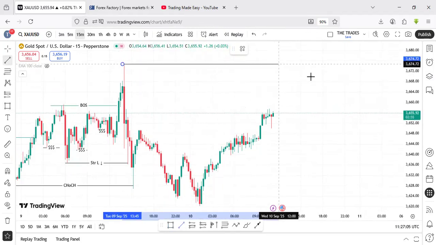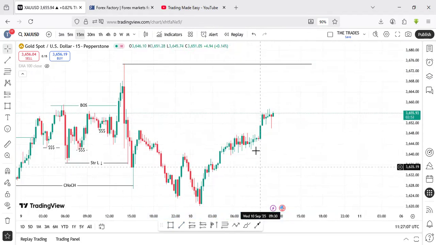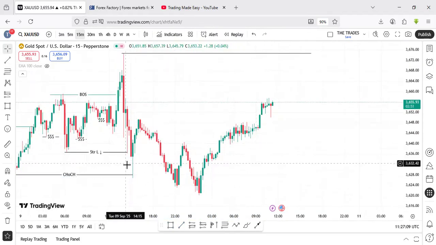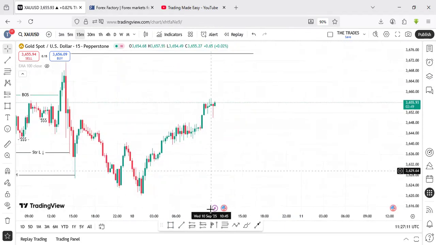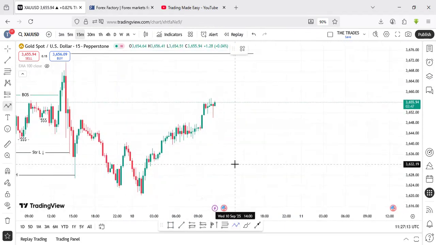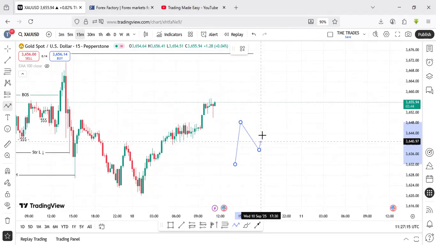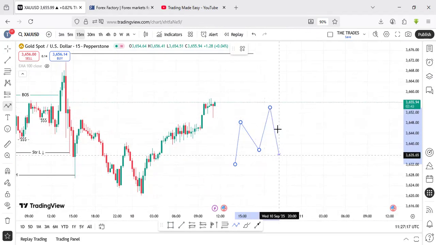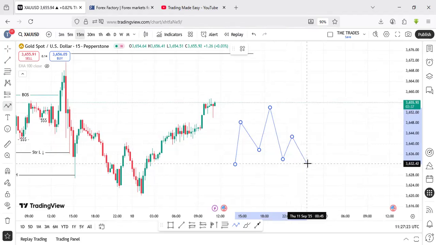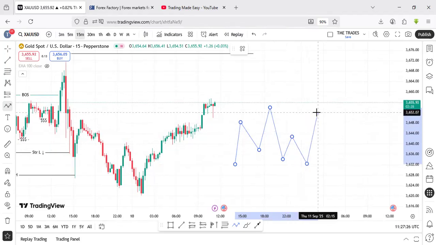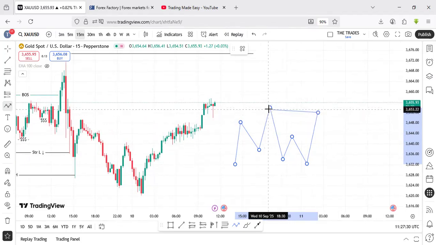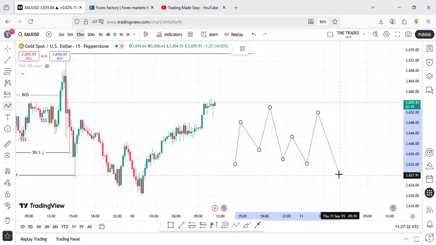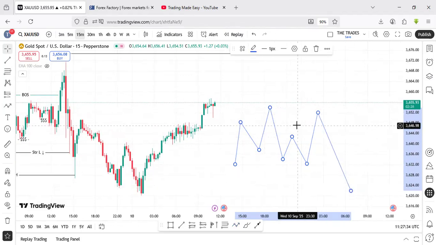This is where broke our last low, changing the character of the market. So what do we expect? Whenever a character of trend is changed, what do we expect to see? We expect to see something like this. Market coming to take that, to test that order block before moving to the downside.